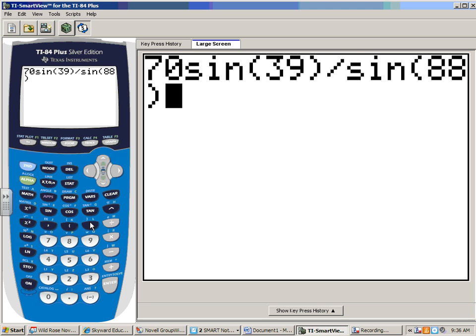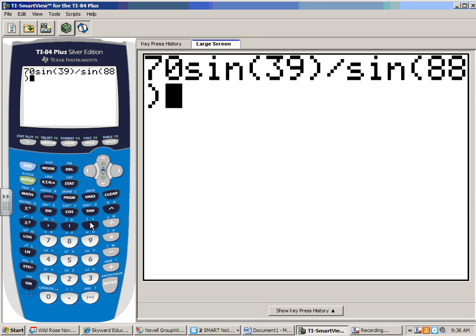Okay, that's how I would type it in. Again, being very careful with this parenthesis after the 39 there. I almost typed it in wrong. Those of you that were watching, I almost typed 38, and then we would have had the wrong answer. Would have been very close, but would have been wrong.